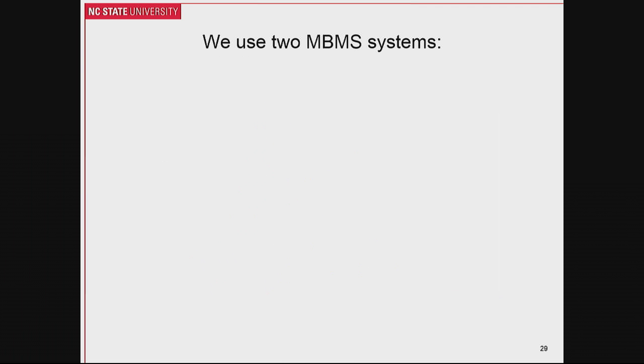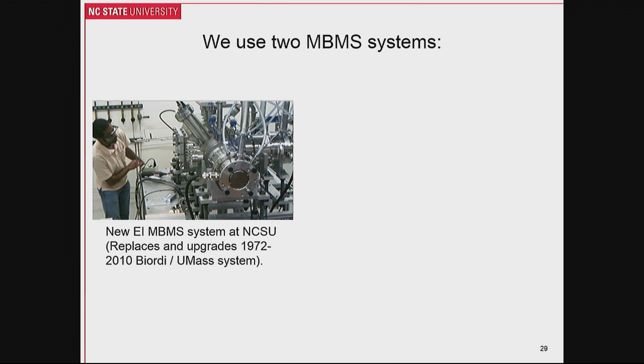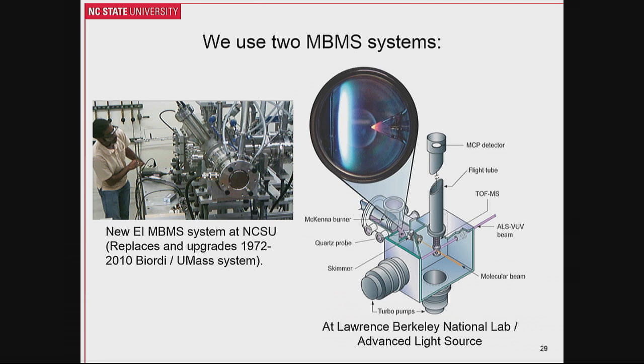We now use 2 systems, one at North Carolina State with electron impact ionization, but another one at Lawrence Berkeley Lab in California, where we're using single photon ionization using the Advanced Light Source at Lawrence Berkeley National Lab, intersecting this molecular beam.